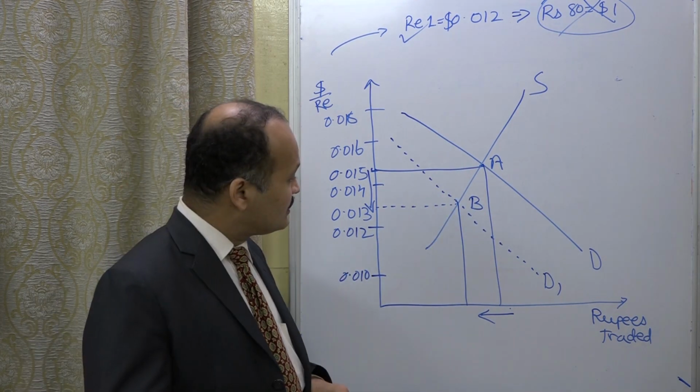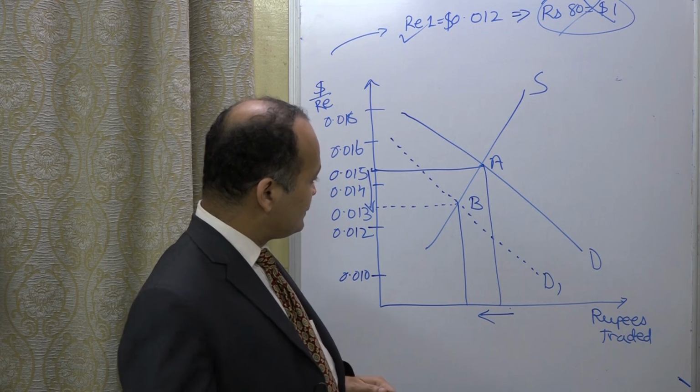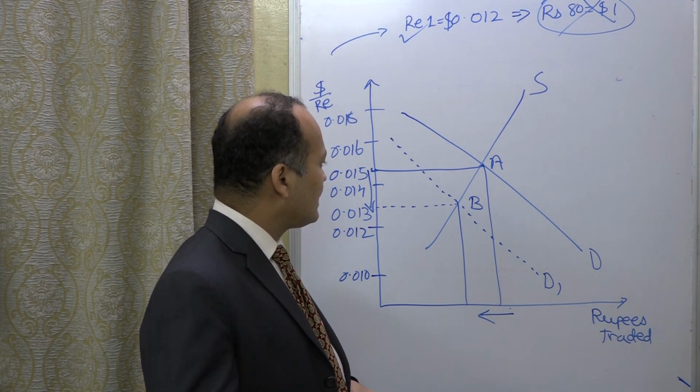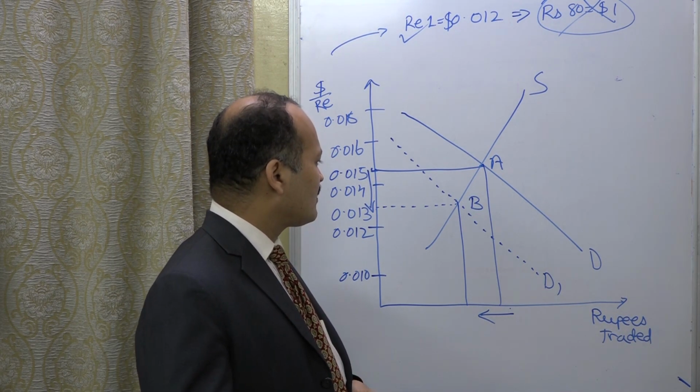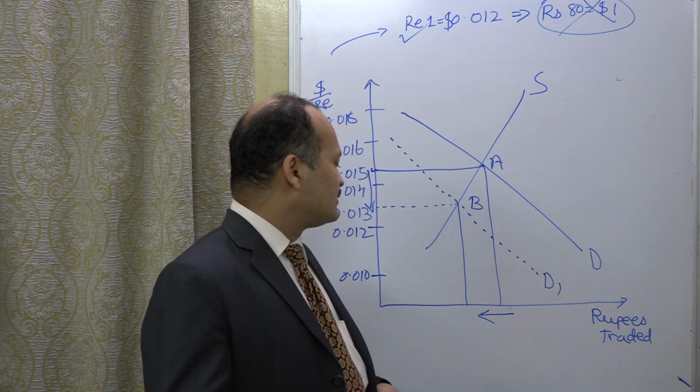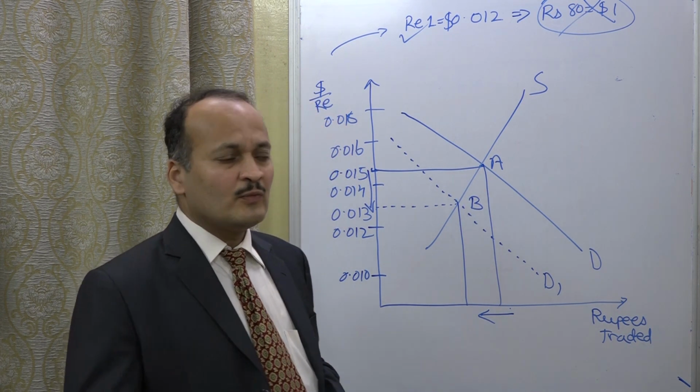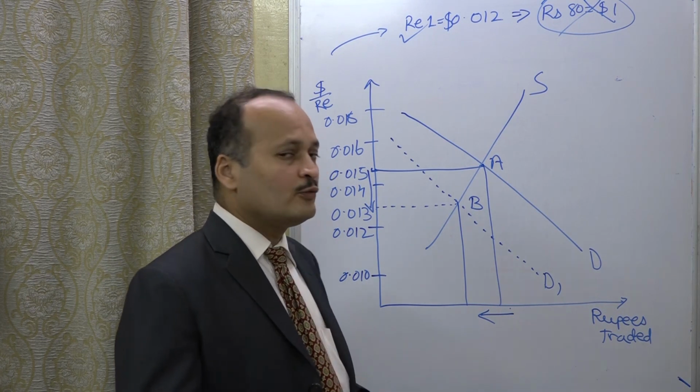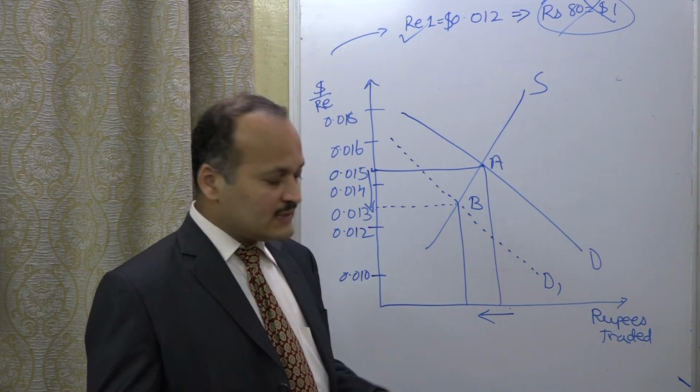Let us now consider another scenario, which is that oil prices are increasing, and because the oil prices have increased, to buy the same old quantity of oil you now require more rupees.